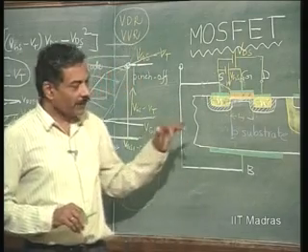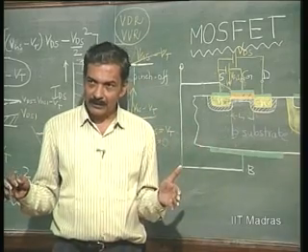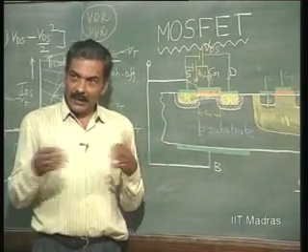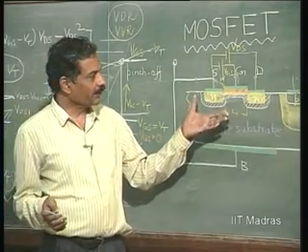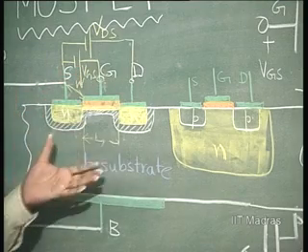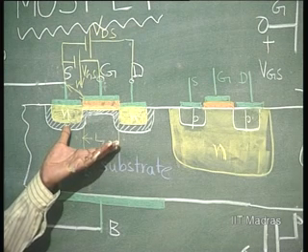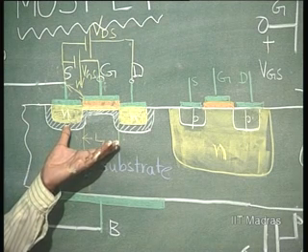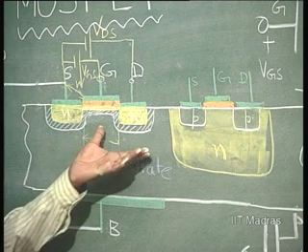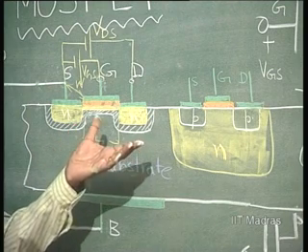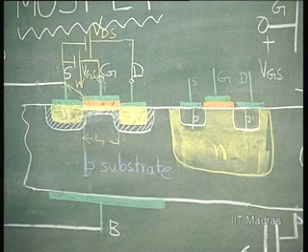So, the reliability depends upon the number of steps. The yield also depends upon the number of steps that you adopt for fabrication. So, most of the VLSI circuits can be either N-channel alone, NMOS technology, or PMOS technology, or CMOS technology.